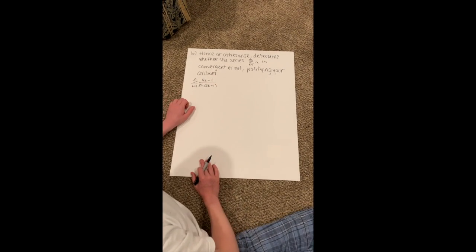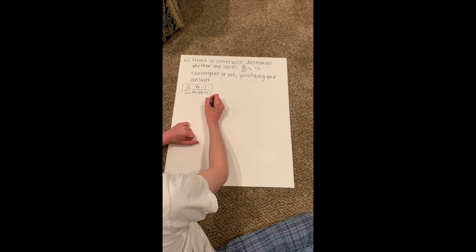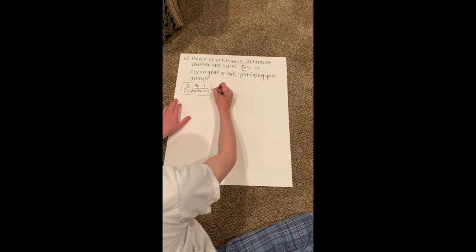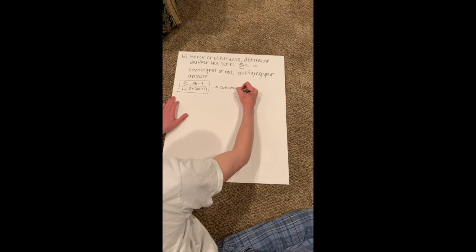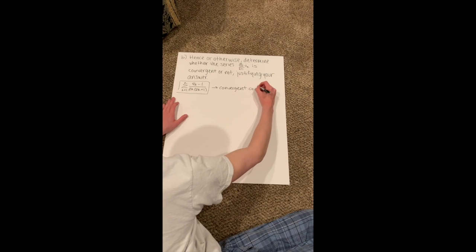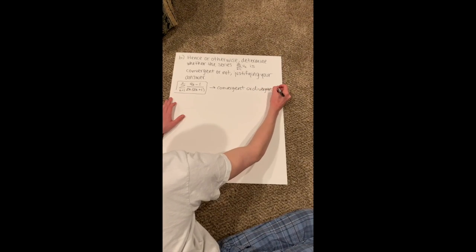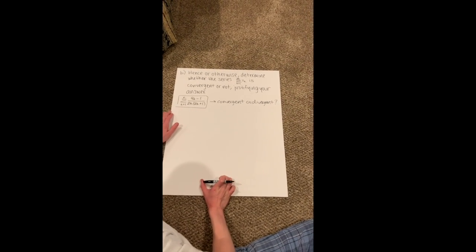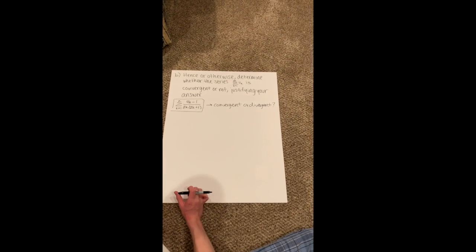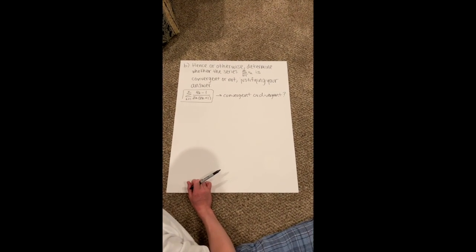This question is asking us to determine whether this is convergent or divergent. Basically, it's asking if there's going to be an infinite sum or if this sum is going to converge to a single number.